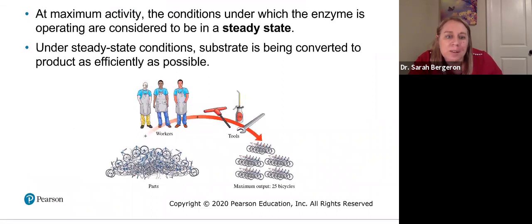So our analogy is that our enzymes are workers, right? And workers require tools to do their job, and they require parts. So here we have 3 workers, and they are making bicycles. They have all the parts, and they have all the tools. The tools are like our cofactors and our coenzymes that we require in order to make it happen.